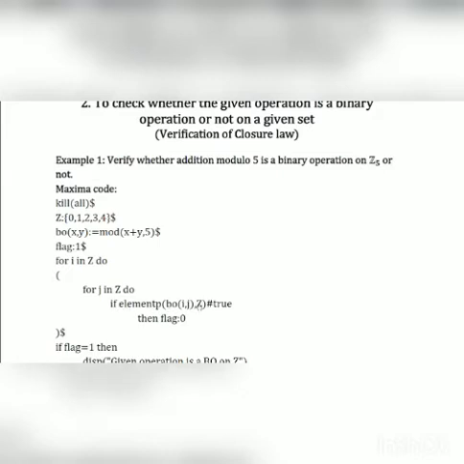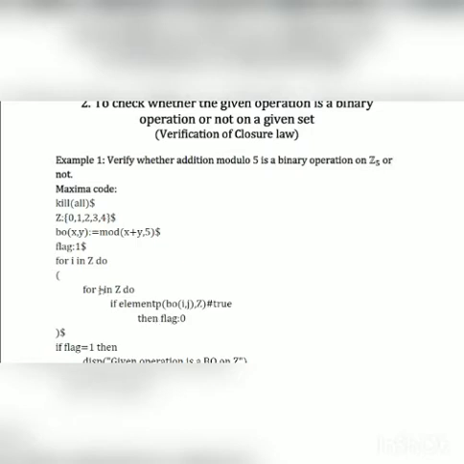Element predicate 0 comma Z. Yes, 0 is present in Z. Therefore, this is not equal to true is wrong. If this is not equal to true, then only the flag value is 0. But this is equal to true. Therefore, flag will remain 1. Flag will not change. Flag will be 1.